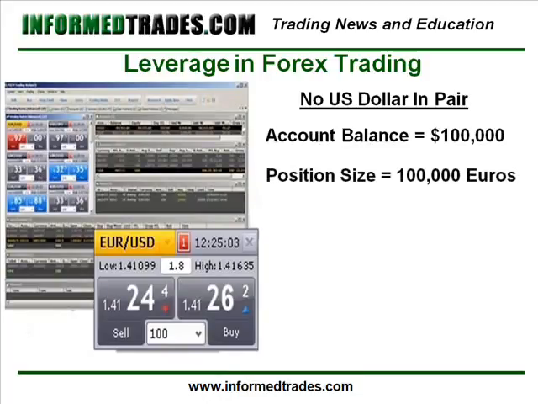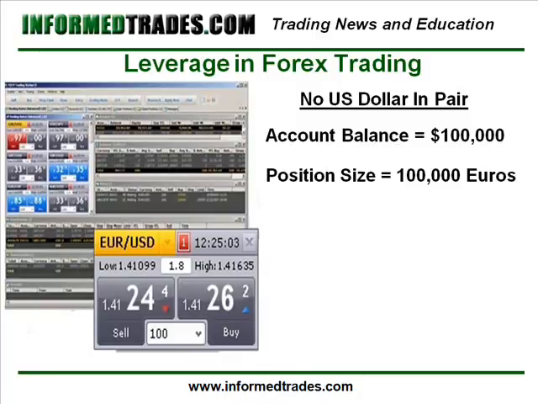So even though I'm trading euro-yen in this example, the position size is still based on the base currency, so it's 100,000 euros. As our account is in US dollars, we need to calculate how large of a position this is in US dollars to get the leverage ratio.